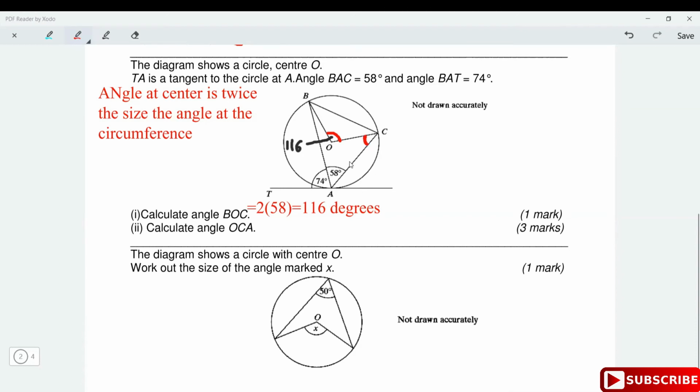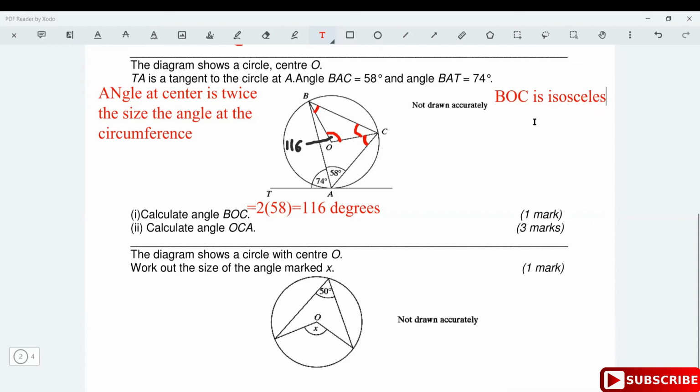So now since we know this angle, we can find this angle and this angle because BOC is isosceles, right? So we can tell them that triangle BOC is isosceles.